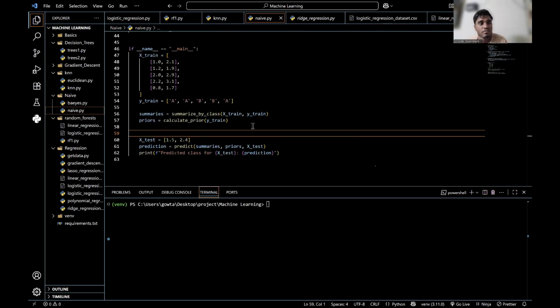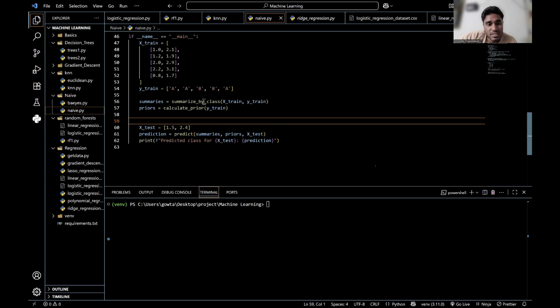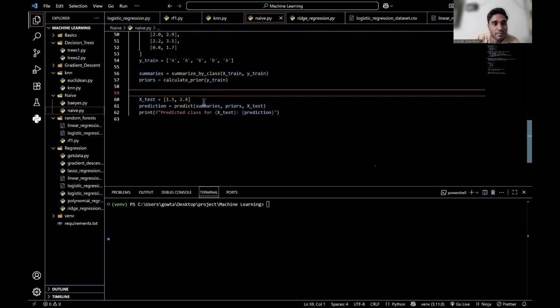In the next section of the code, we define the inputs X-train and Y-train. After defining our inputs, we feed these inputs into the summary by class function to compute the mean and standard deviation per class per feature. After this, we compute the prior probabilities for each class of the training data.